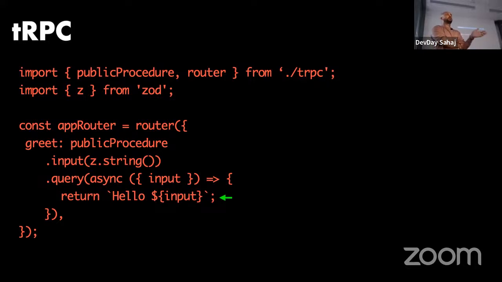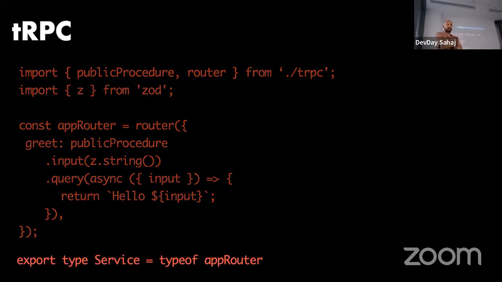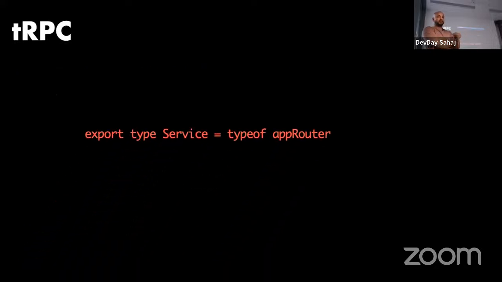It's normal TypeScript code. Just return whatever you want over there, and then you export only the type of the router. Now this is key, right? You don't export the entire router implementation. You only export the type implementation in your project.